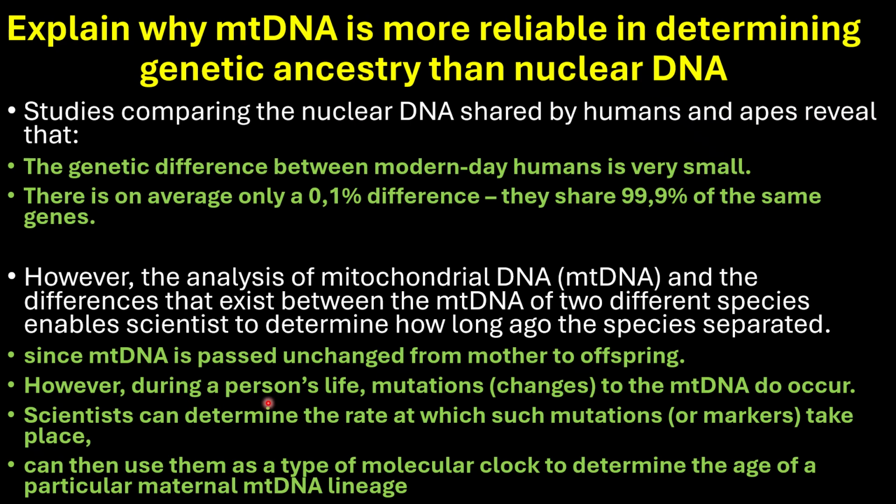However, during a person's life, mutations or changes to the mtDNA do occur. Scientists can determine the rate at which such mutations or markers take place, and then they can use them as a type of molecular clock to determine the age of a particular maternal mitochondrial DNA lineage.